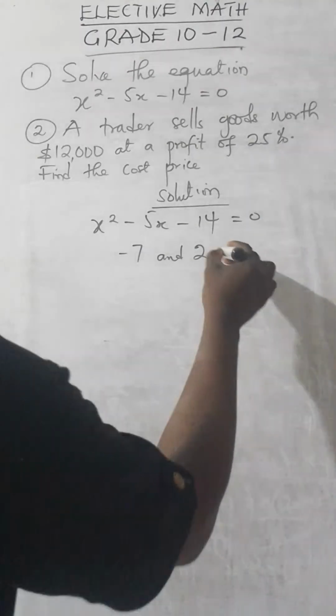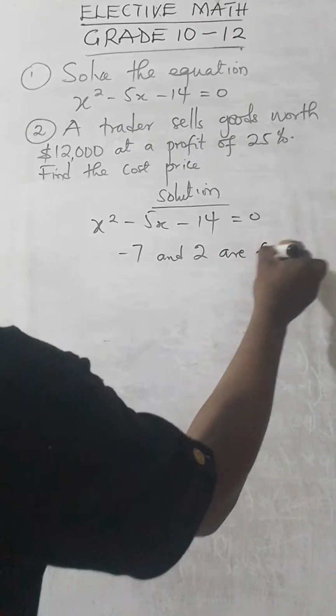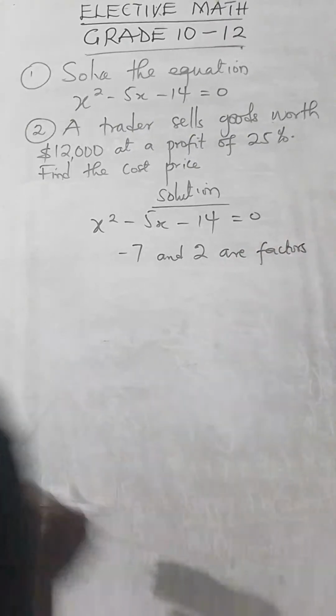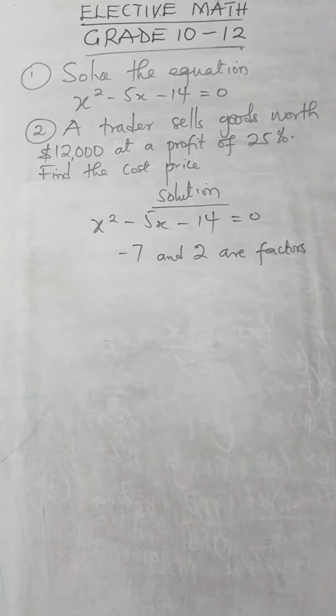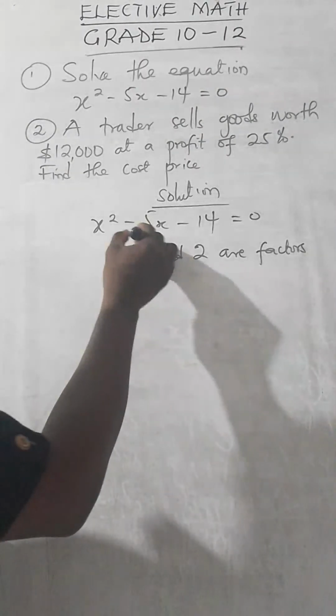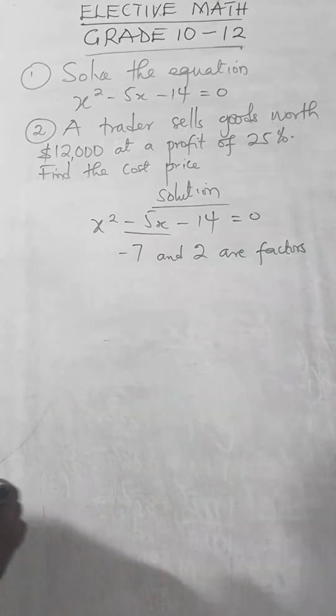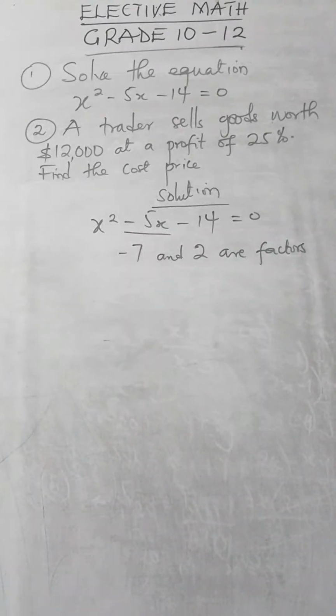So they are the factors. Then you need to eliminate the minus 5x from there and replace it with the factors.